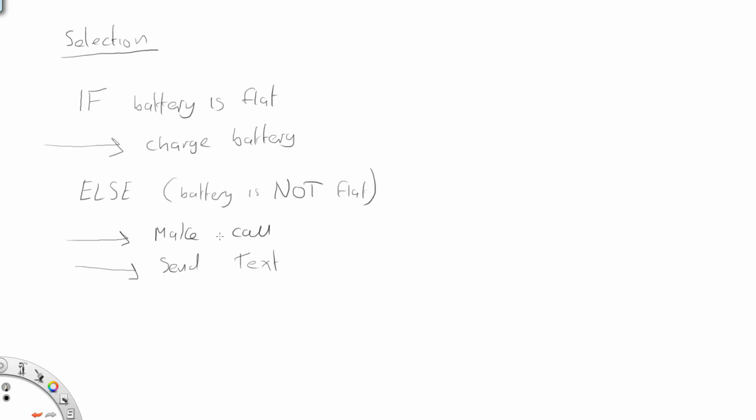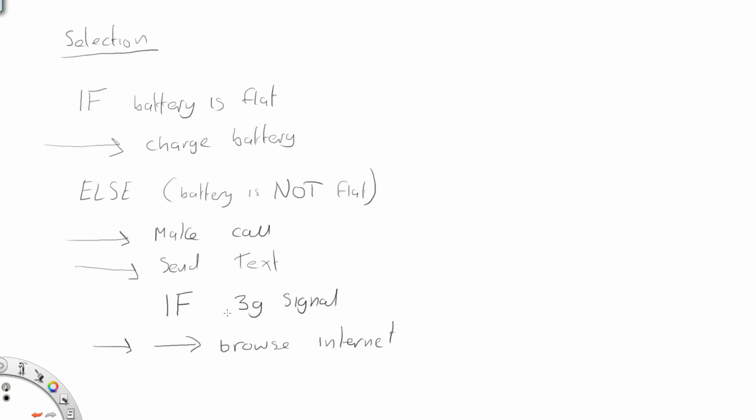Now what we could do is nest these. So we could have another if here that says if 3G signal. If we're getting a 3G signal, we might choose to browse the internet. Again this is indented once because it's underneath the else, and once again because it's now part of this if statement.